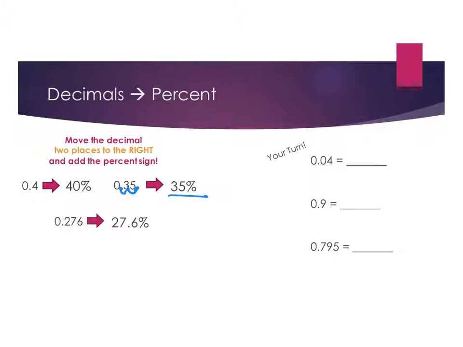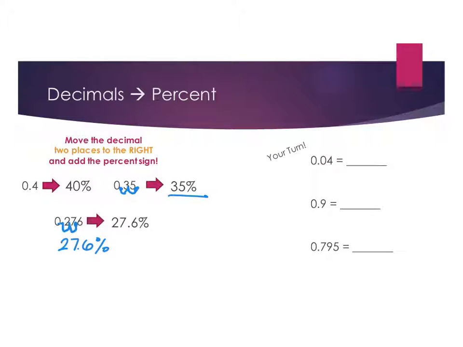In 0.276, remember the decimal goes 2 places to the right, right? So we go over 1, 2 times, and we have 27.6. That's okay. We just add a percent sign to that, and it becomes 27.6%. So remember, when we have a decimal to a percent, move it over 2 places to the right.